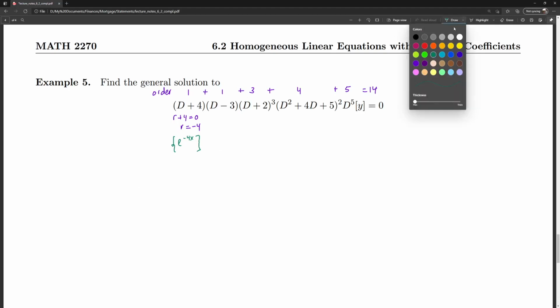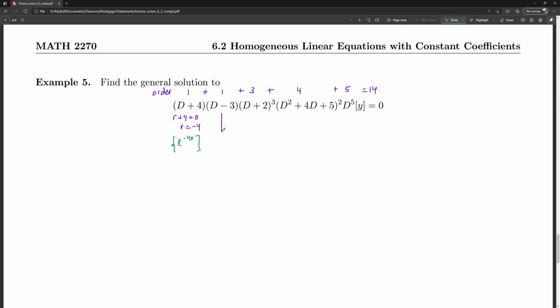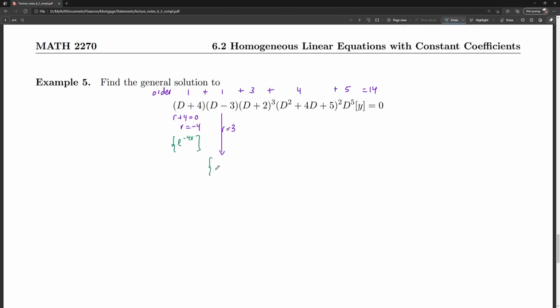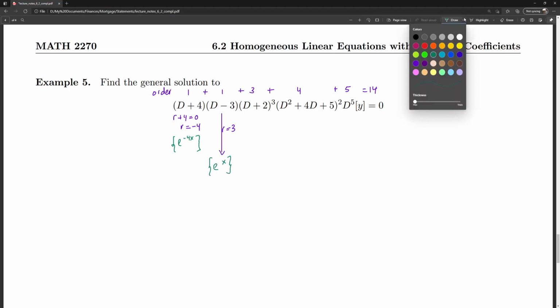Now let's take a look at the next part, D - 3, which corresponds with r - 3 = 0. So this part gives us r = 3, and we now have e^(3x) as part of our general solution.